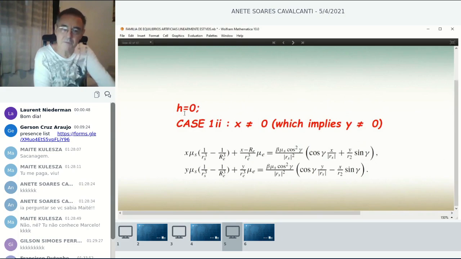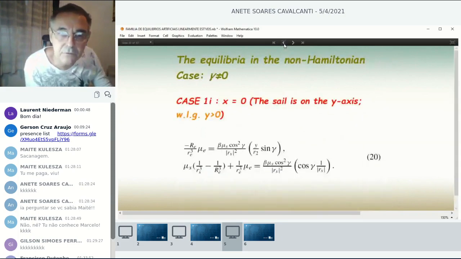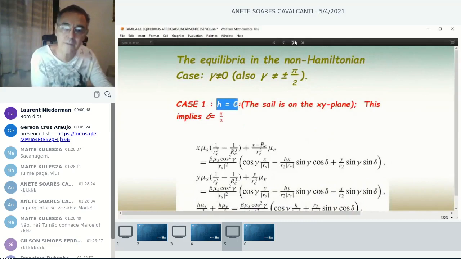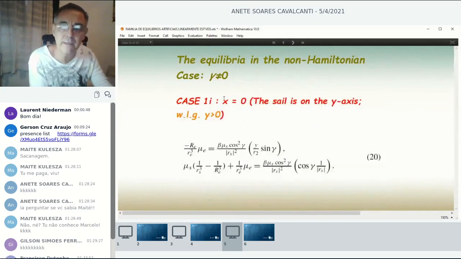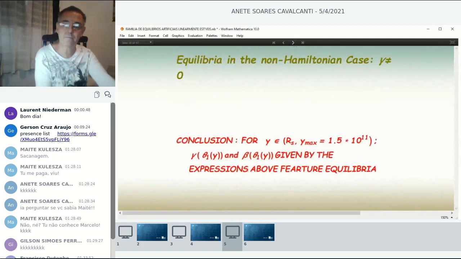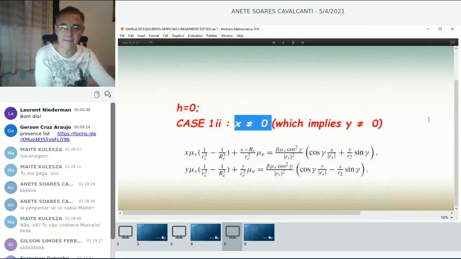Sorry, let me come back here because I made some confusion. Yes, we are in case 1, h is equal to 0. The first case studied x equal to 0, but still h equal to 0, and now we consider yet h equal to 0, but now x different from 0.